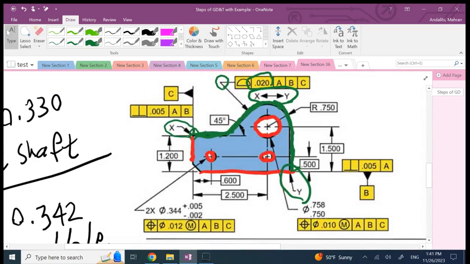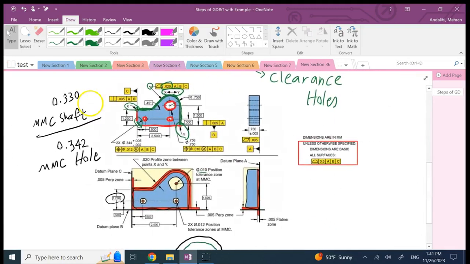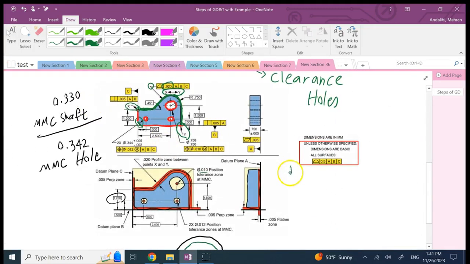And here you might say, well, what about this chamfer here? Well, chamfer is not as critical, but does it have any tolerance or anything? The answer is yes. Most of the time, right next to our GD&T, we typically use a general tolerance note and say, hey, dimensions are in mils. Unless otherwise specified, the dimensions are basic.